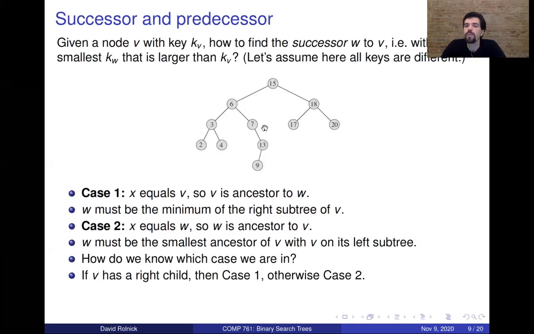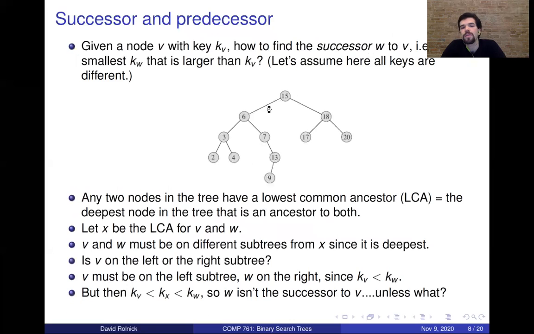On the previous slide, did we prove that the least common ancestor must be v or w? Yes, because if the least common ancestor were not v or w, then v would have to be on the left tree, w would have to be on the right tree, and the key of the least common ancestor would be between the keys of v and w.